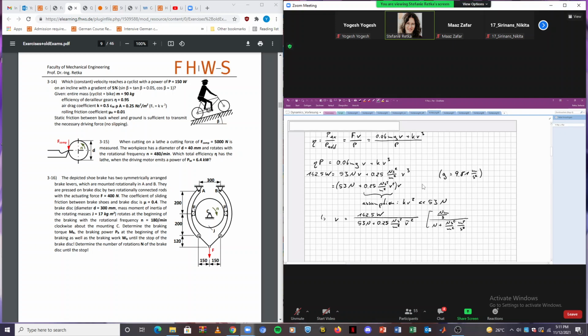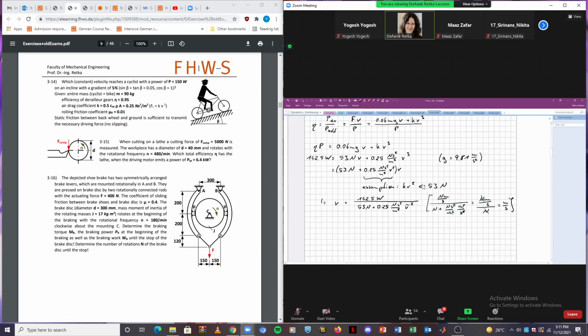Then the seconds cancel, the meter cancels, and then we have Newton meter per second over Newton plus Newton is Newton. Then Newton cancels as well. And our dimension is meter per second, which is the correct dimension for velocity. So this equation, at least, is correct.